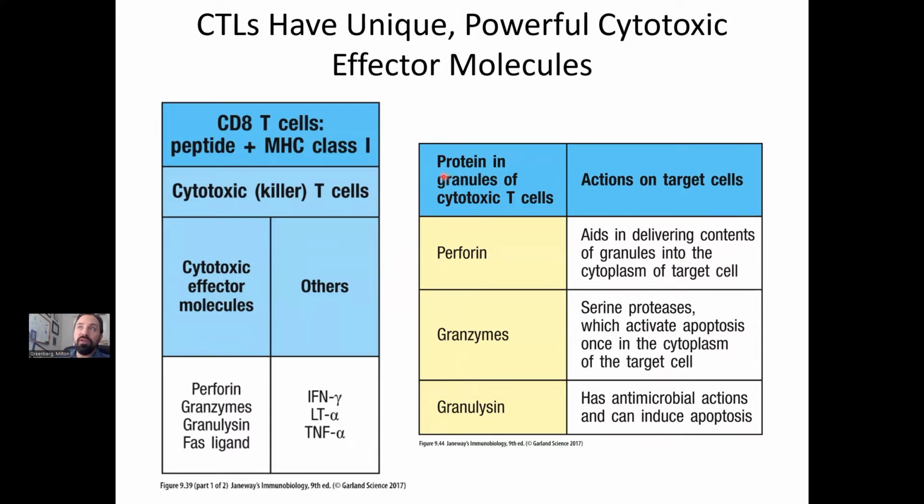These are proteins in the granules of cytotoxic T cells, and perforin will perforate the host cell, which will aid in delivering contents into the cytoplasm of the target cells. Granzymes are specific enzymes, proteases, that will then cleave different molecules inside the host cell that will drive apoptosis. And then granulysin will also help to induce apoptosis.